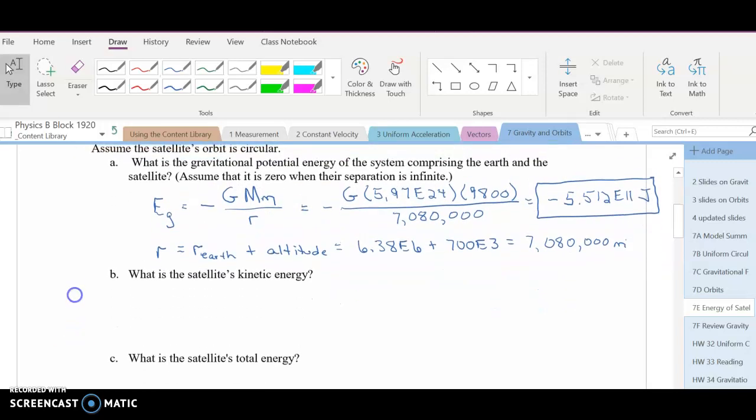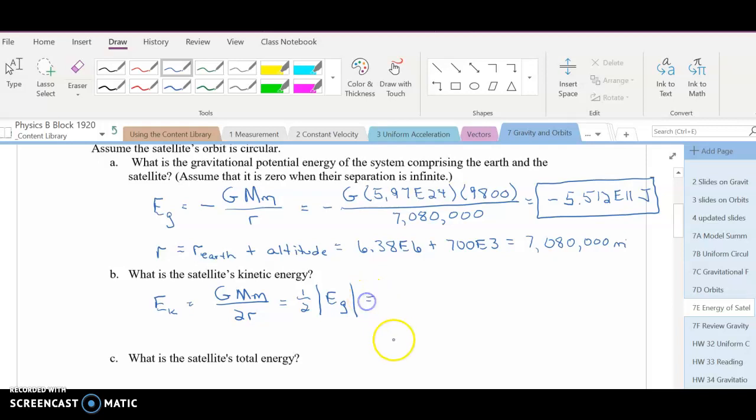Now what about the kinetic energy? The formula for that is positive. It's G times the product of the masses divided by 2 times the orbital radius. It's the same orbital radius that we had in part A. If I compare these two formulas, I can see that the kinetic energy is half of the absolute value of the gravitational potential energy.